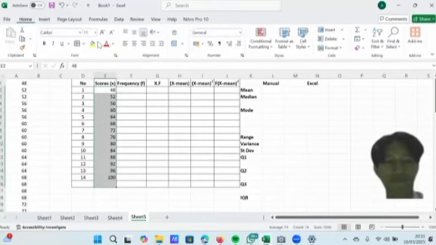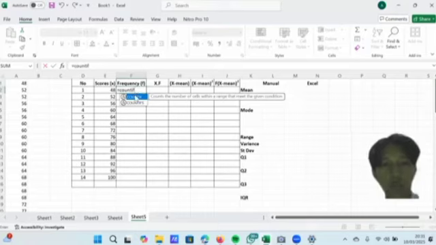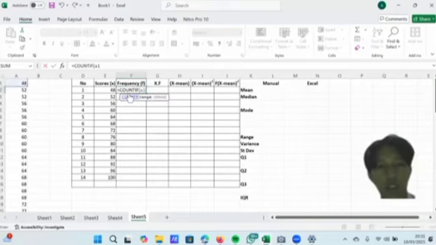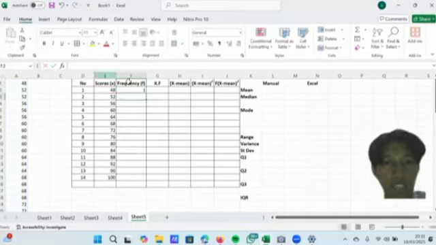All right, after that, we're going to search for the frequency, which is COUNTIF. Open parenthesis, then block all of column A, then semicolon, and the first score, and then enter, and then drag it down for fast calculation.